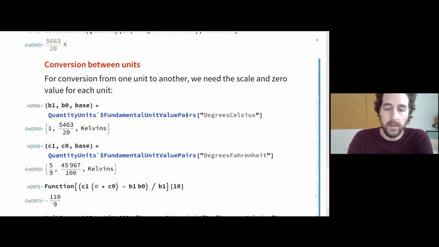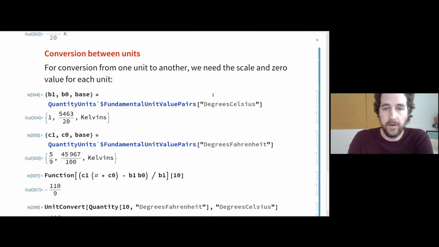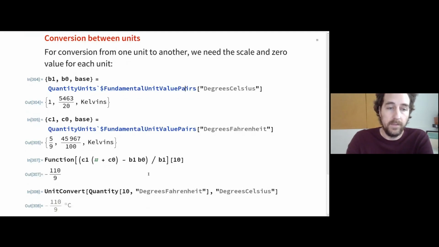So say I want to convert from degrees Fahrenheit into degrees Celsius, I basically need to look up what the zero value for each of those is, what the scale is, and then combine the operation into a single evaluation here, where we're subtracting a constant out after doing similar bits of arithmetic where we're adding an offset and a scale. And that lets us do the same sort of conversion operation that unit convert is doing.